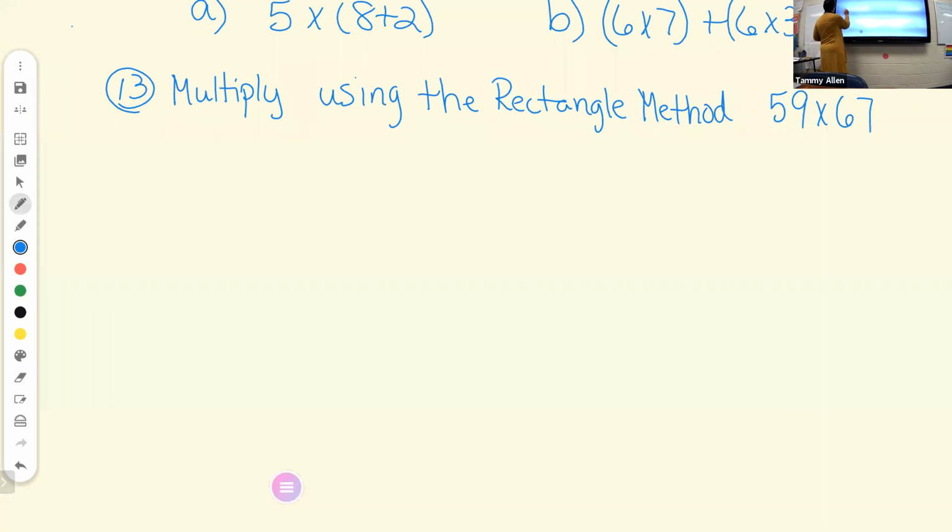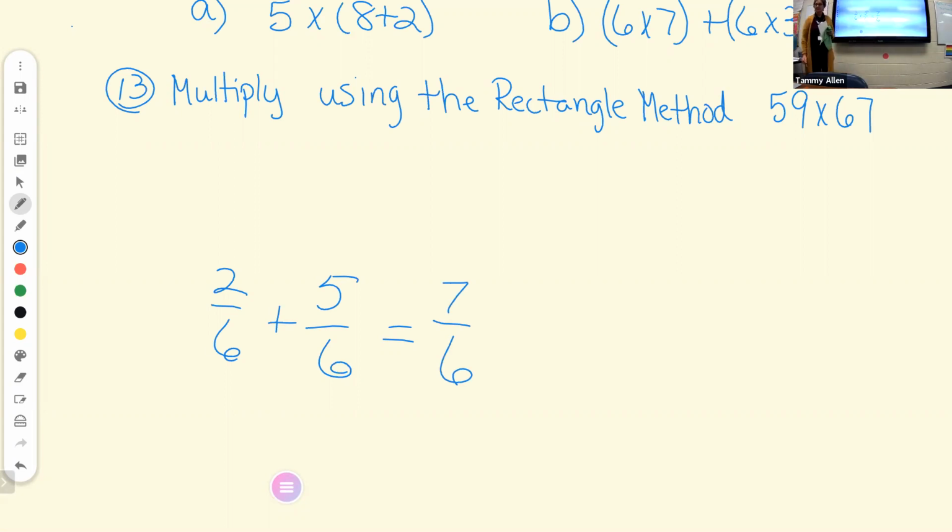So we have 2 sixths plus 5 sixths, which gives us 7 sixths. Can I leave it as 7 sixths? No. How do I change it to a mixed number? You take 6 from the 7, and that becomes a 1, and then you have 1 left over.